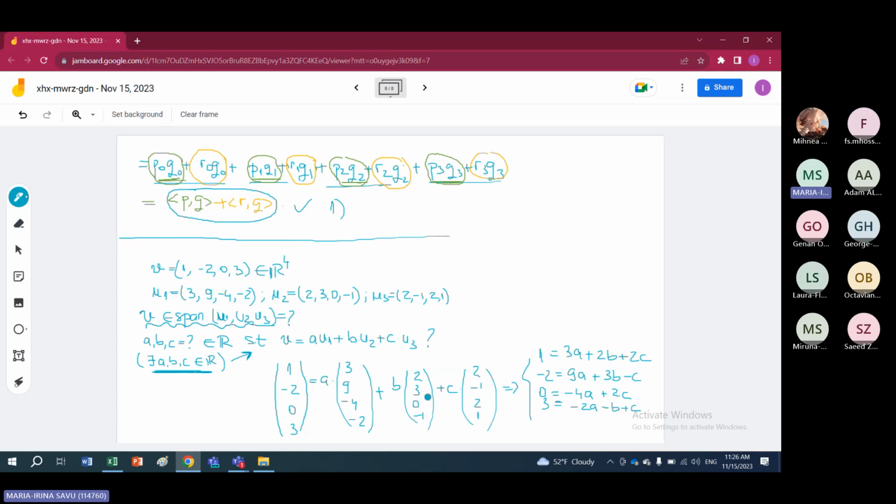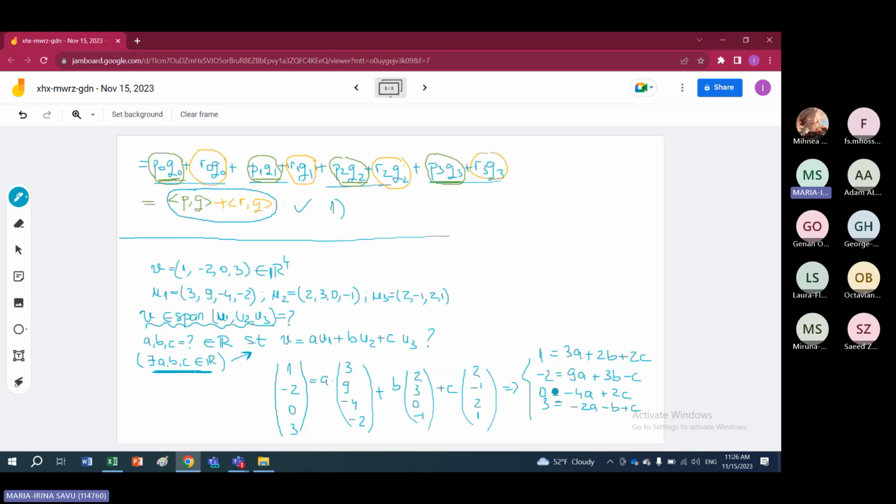So if the rank of this matrix is the maximum possible, the system could be incompatible or compatible with a unique solution. If the rank is 2 or 1, then the system has an infinite number of solutions.